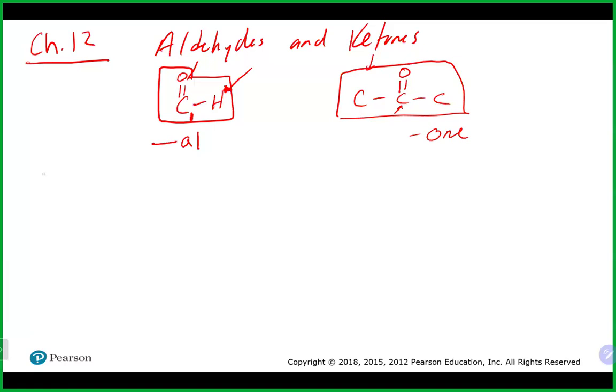We talked about how we form these guys, and we form them from a primary alcohol, right? Doing a little oxidation gives us our aldehyde. And that is really the loss of H2 that's happening there.